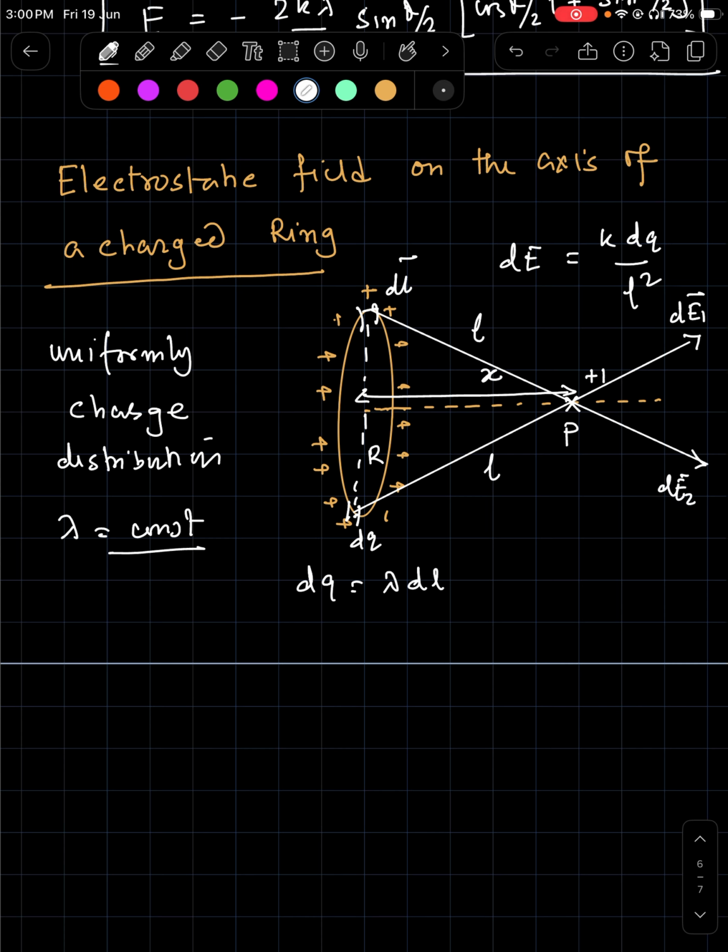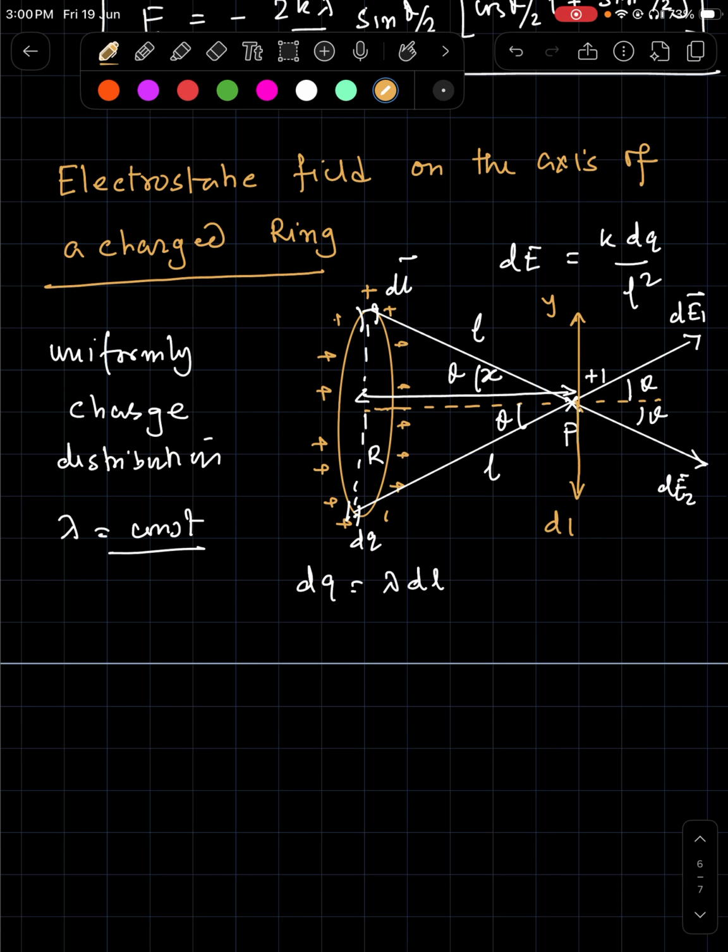If this angle is theta, this angle is also theta, because they are vertically opposite angles. I'm taking their components: in this direction, that is the y-axis, and in this direction, that is the negative y-axis.